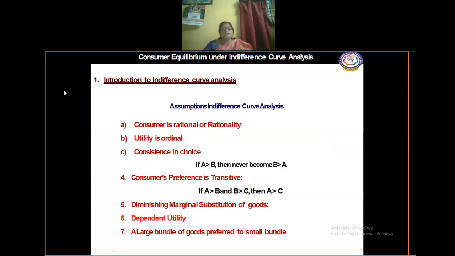Now, this indifference curve analysis has various assumptions. What are the assumptions? One by one we can explain.